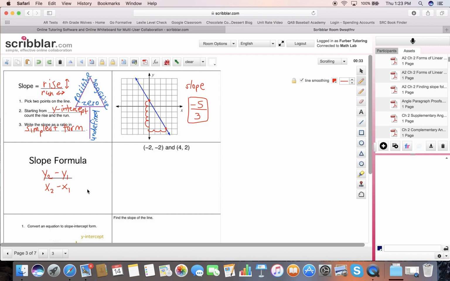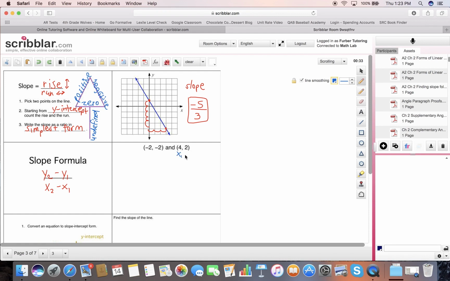So personally, I like to pick the x1, y1 and x2, y2. I have to subtract the value of y1 and x1. That's what comes second. So I always like to look for an x1, y1 value that's not negative. So if you look at my example over here, this value right here, 4, 2, doesn't have any negatives.